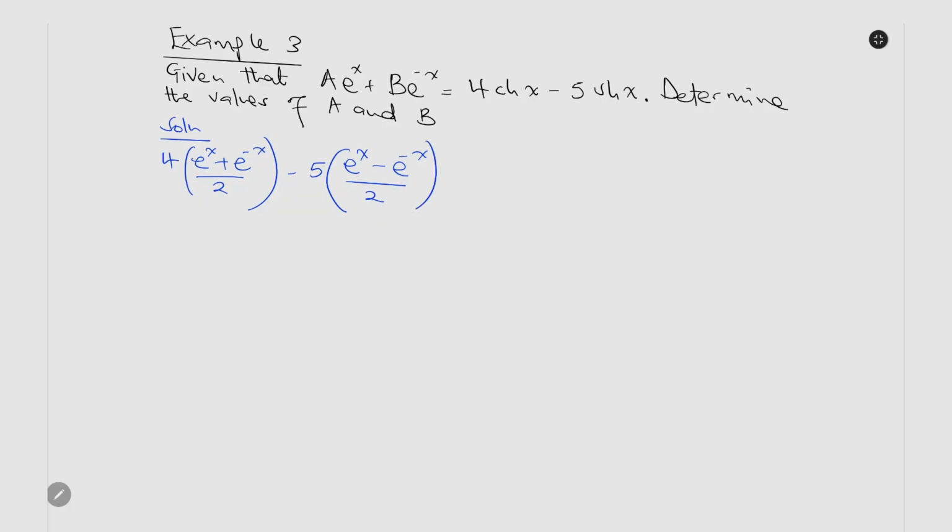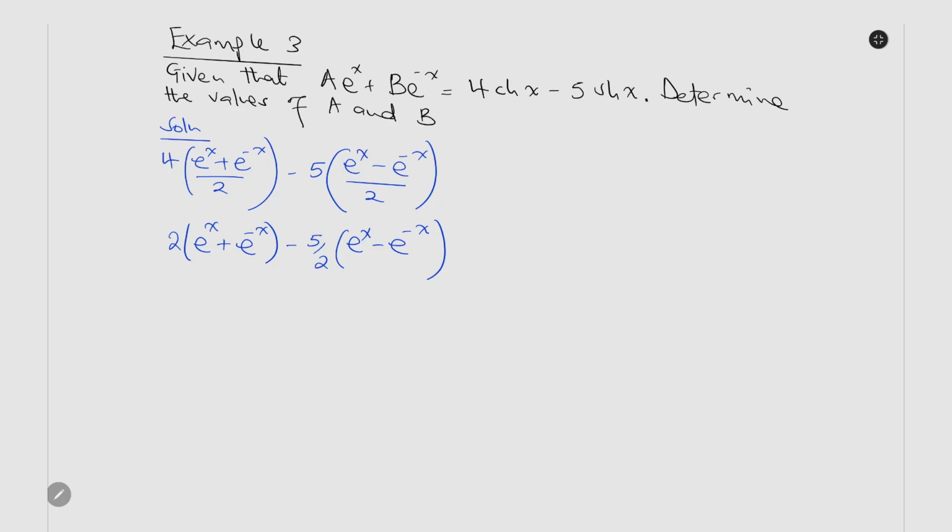Okay, we can actually simplify this further. These two here can cancel with these 4, or we can factor out 2 so that we'll have 4 over 2, which is 2. So that ultimately we will have 2(e^x plus e^(-x)) minus 5 over 2 (e^x minus e^(-x)).